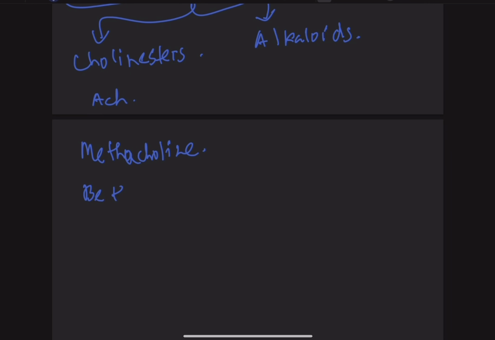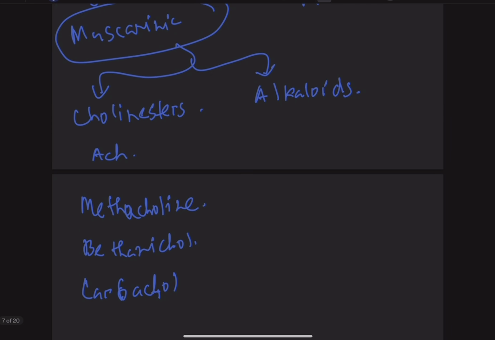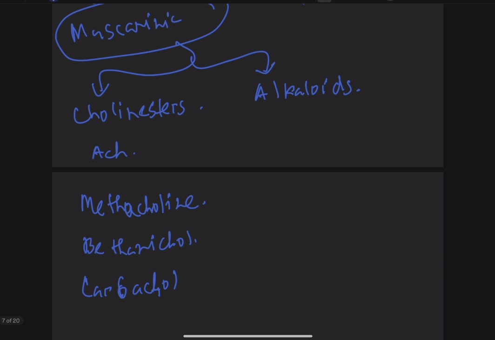Then we have bethanechol and carbachol. In alkaloids, we have muscarine and pilocarpine.